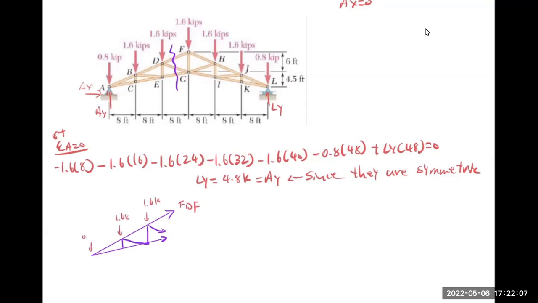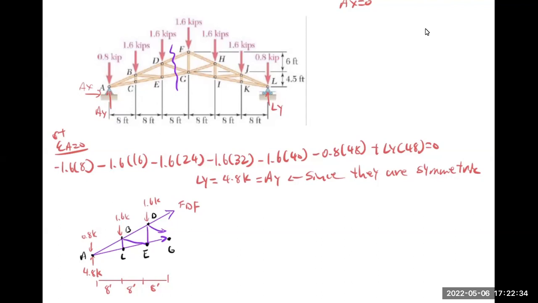This is my 0.8 kips. This is my AY of 4.8 kips. And all of them have equal spacing. This is point C, this point E, and they're going to point G. This is point D, and this is point B.